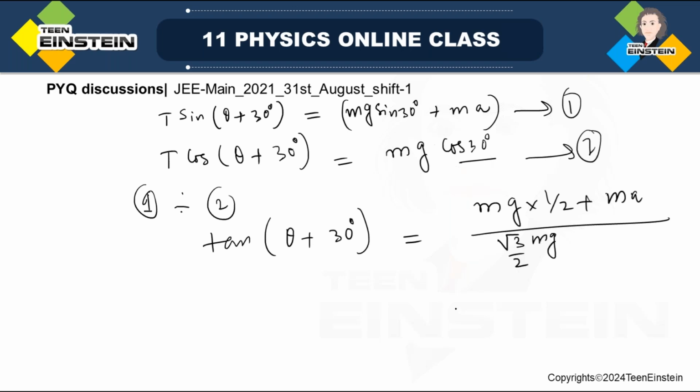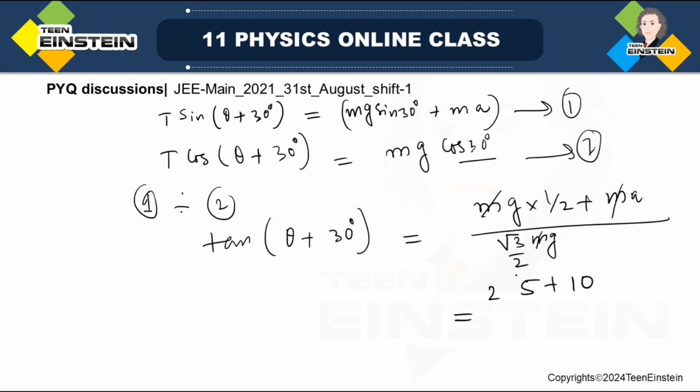I can cancel m from the numerator and denominator. g is 10, so 5 plus this a is 10.